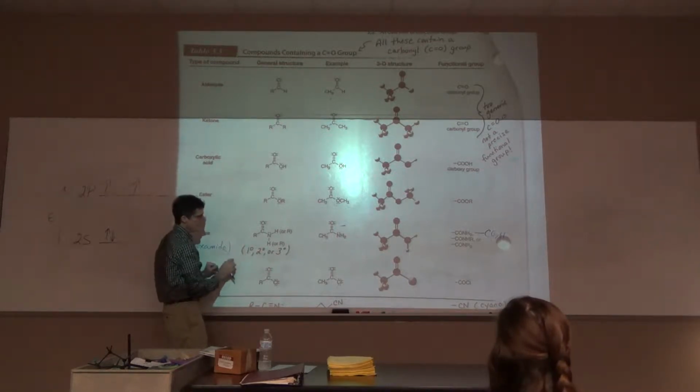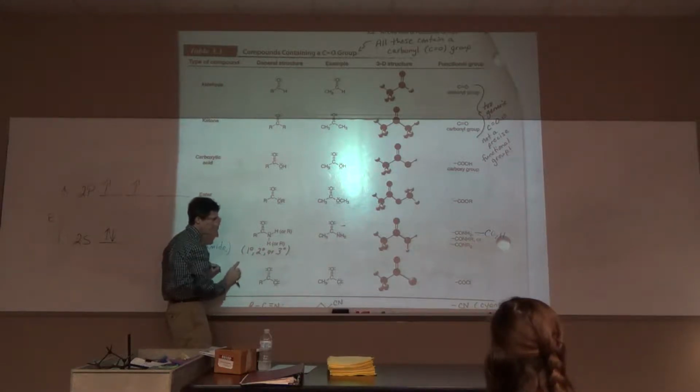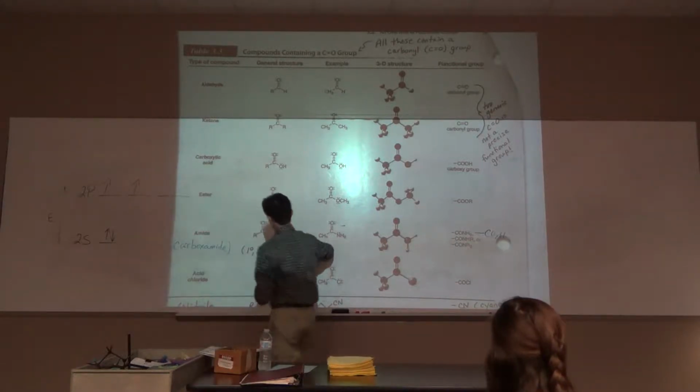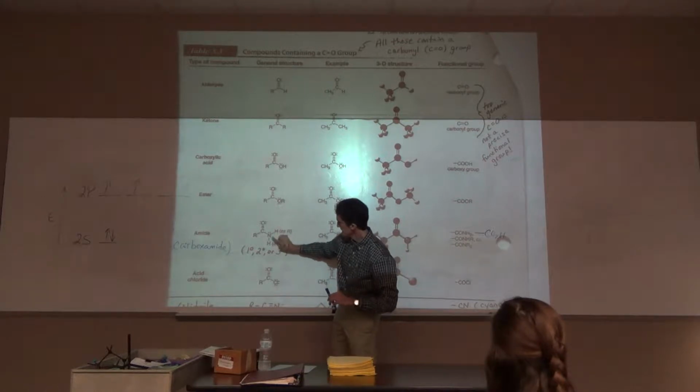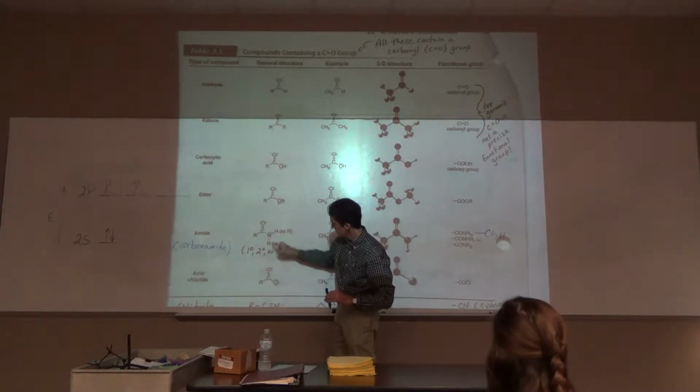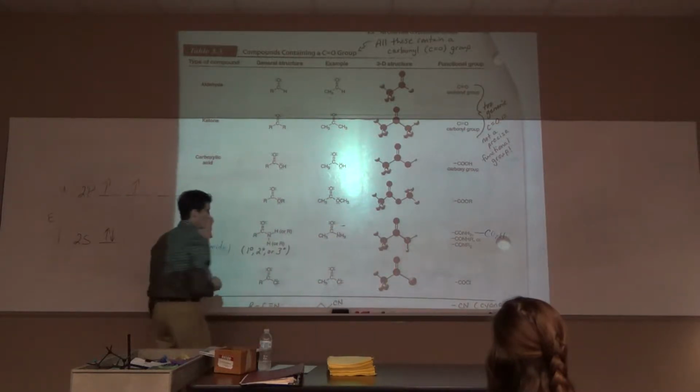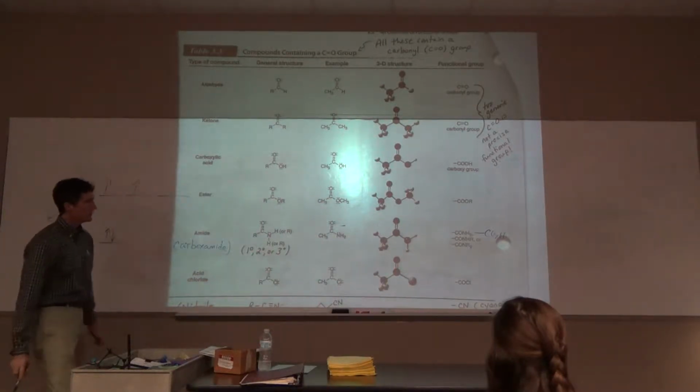We saw this previously, but again, primary refers to how many carbons the nitrogen's bonded to. If these are two H's, the nitrogen's bonded to just one carbon, so it's primary. Secondary would be where one of these is an R group. Tertiary would be where both are R groups. So they're all amides.